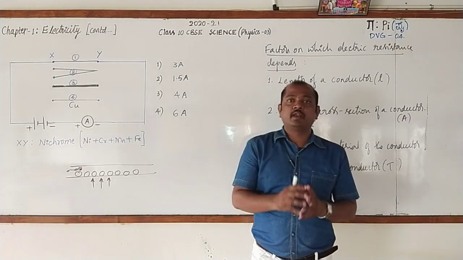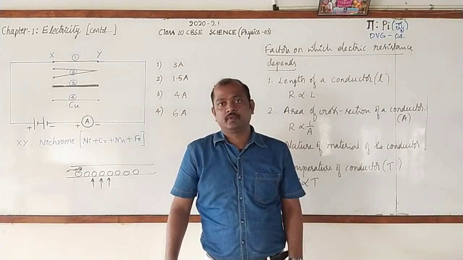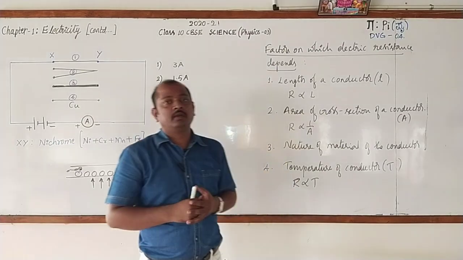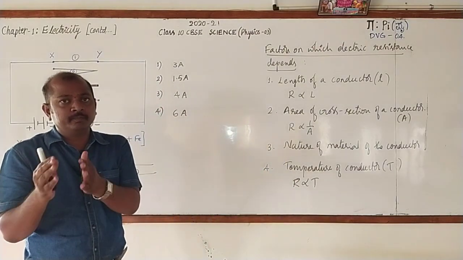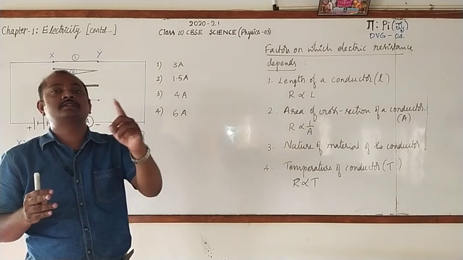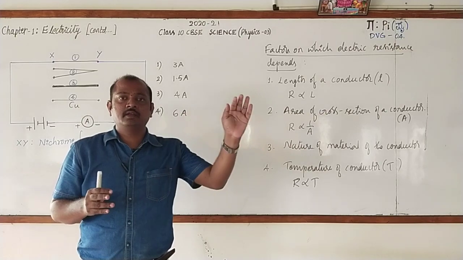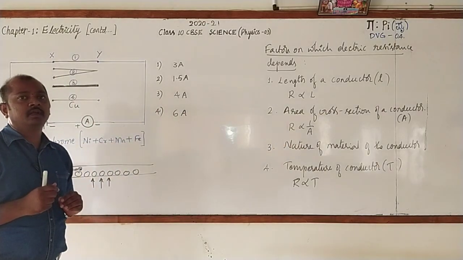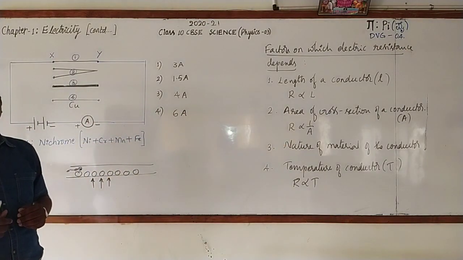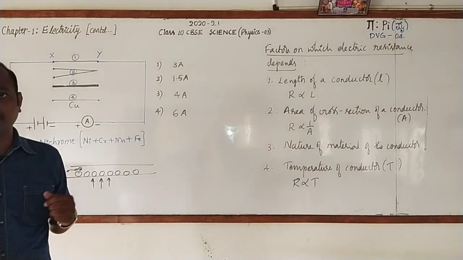And he made a law. That law is called Ohm's law. Now let us learn this Ohm's law. Before that, first let us find out the relationship between V and I, voltage and current, with a simple activity. Now let me explain that. I hope that you all have copied this.